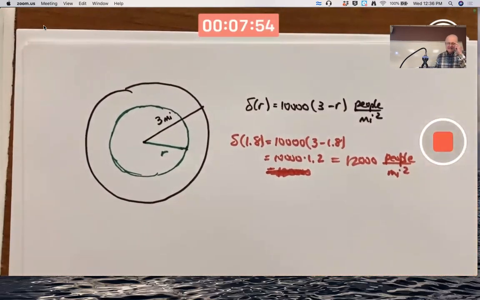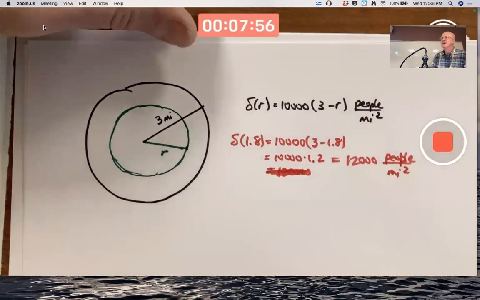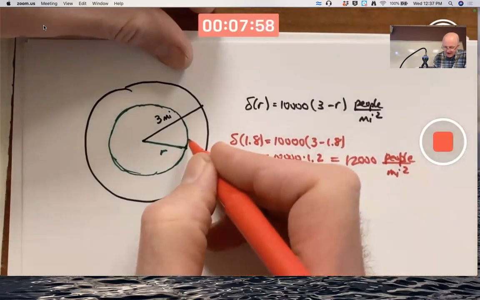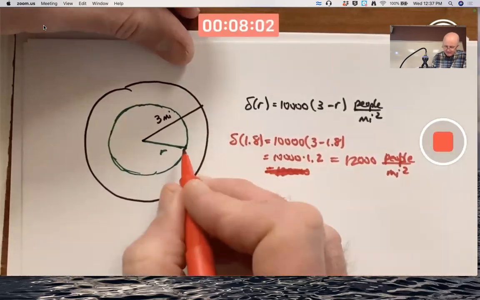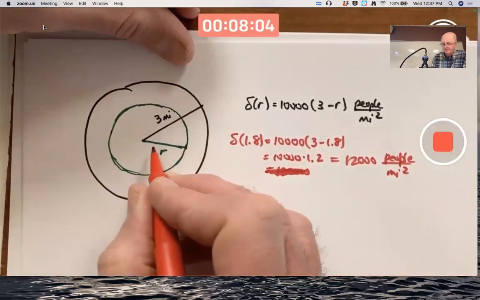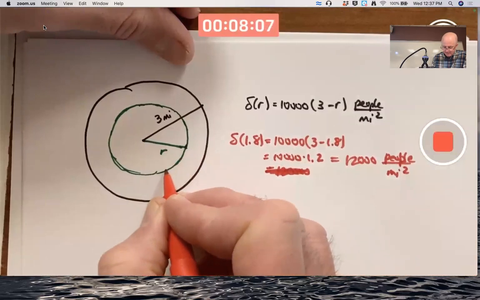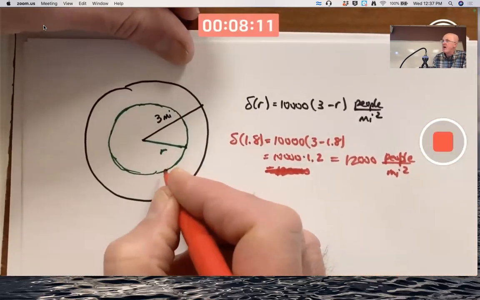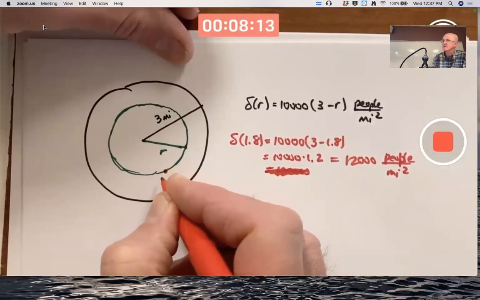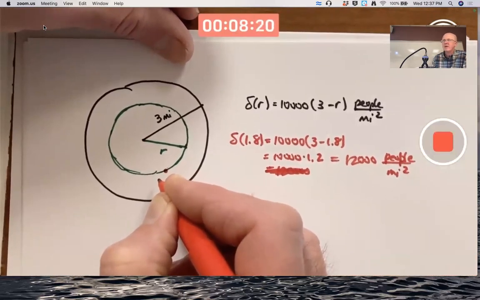What is this telling you? It's telling you that if you are on this green circle here, our radius, pretend, is 1.8 from the center of the city. Say you're right here. And you consider a small area near that point. Emphasis on the word small. What kind of area, what kind of region?